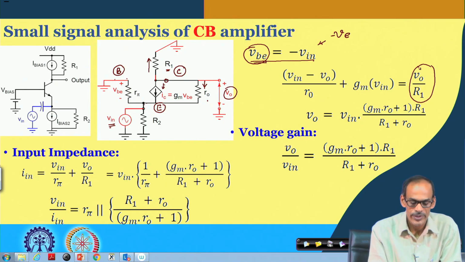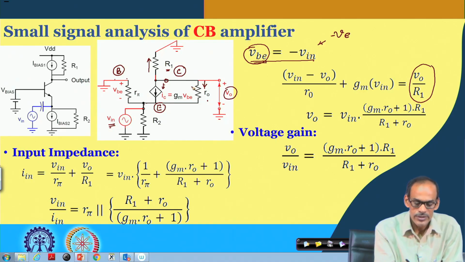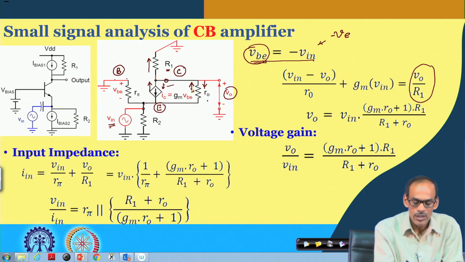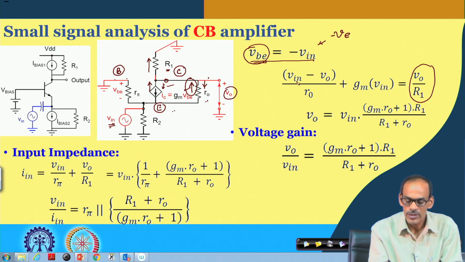So, VO divided by R1 is the summation of these two currents. If I consider this is the positive direction of the current, then this current is (VE minus VO) divided by RO, and VE is nothing but Vin. So, the current flow here is (Vin minus VO) divided by RO.